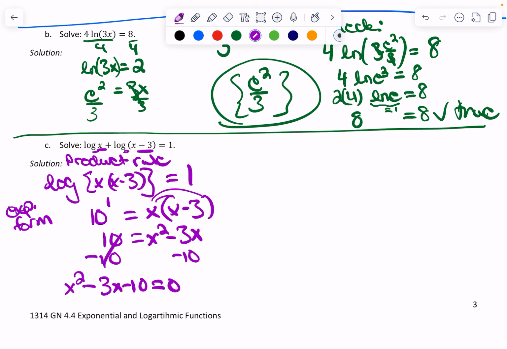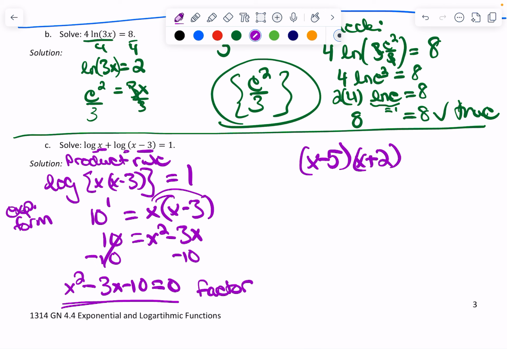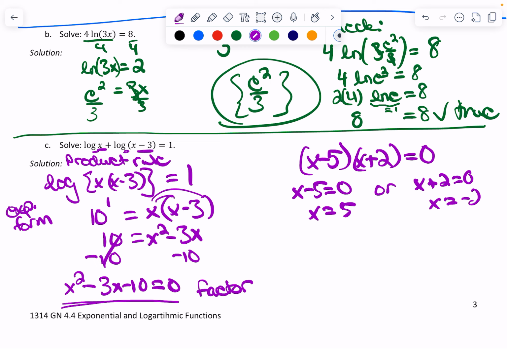Well, we need to factor next. It factors to x minus 5 and x plus 2 equals 0. So x minus 5 equals 0, which means that x equals 5, or x plus 2 equals 0, which means that x equals negative 2.